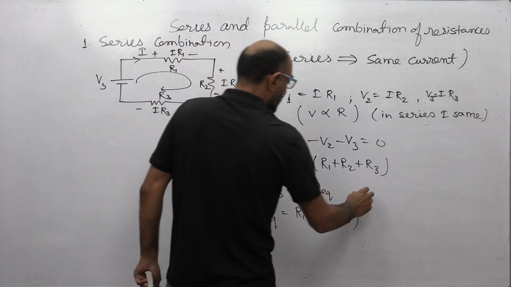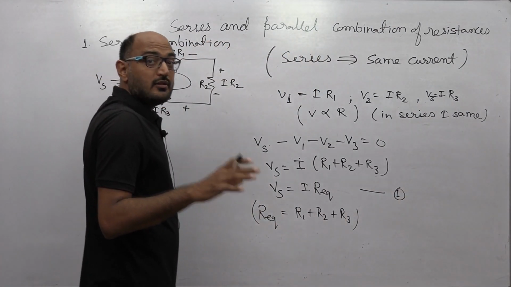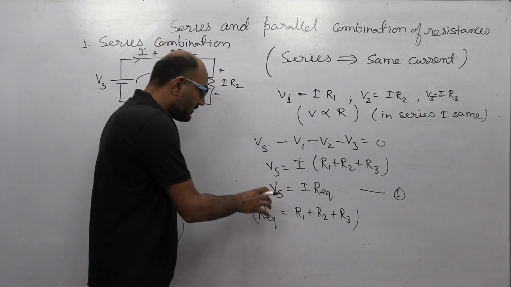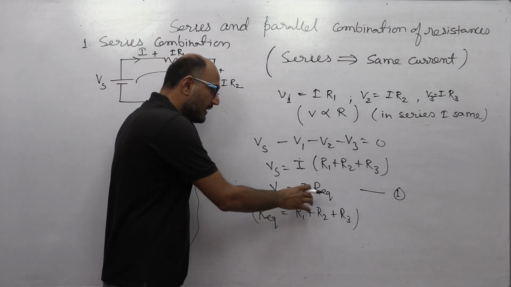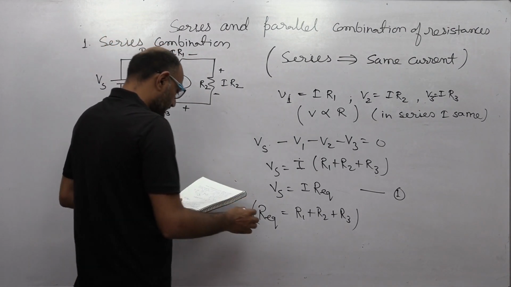You can call it equation number 1. So in the series circuit, the equivalent resistance is the summation of all the resistances in series.